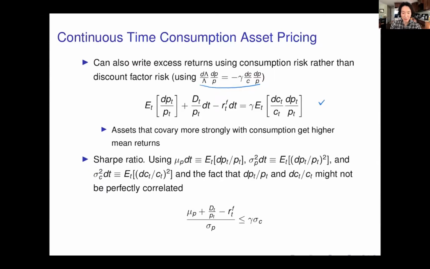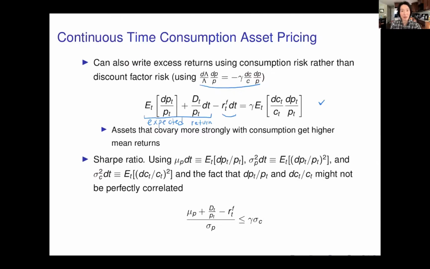So what it's saying is basically the following. What is the first term here? This is the expected return on the stock, and you're subtracting the risk-free rate, so that the whole left-hand side is the excess return on the stock or the financial asset.